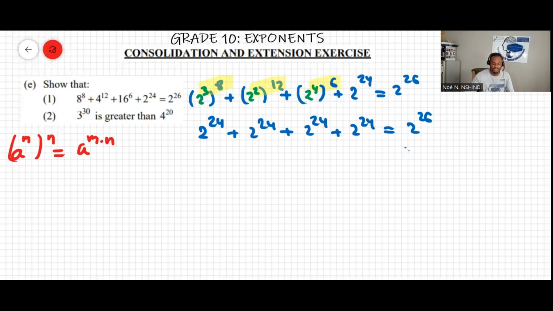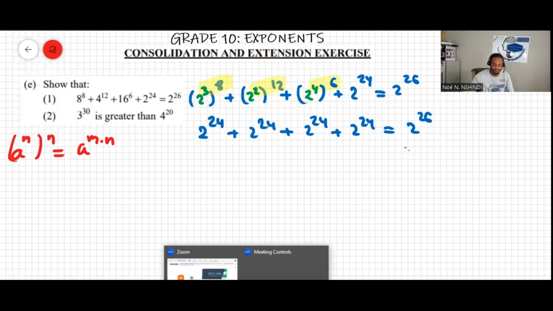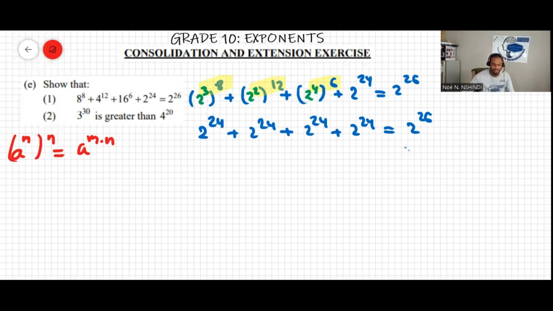Now that we have the same term over here, we can call it a variable like n. So that makes 4 n's.